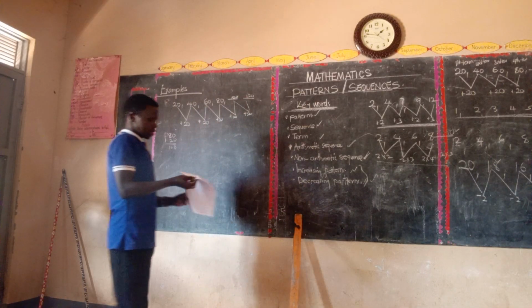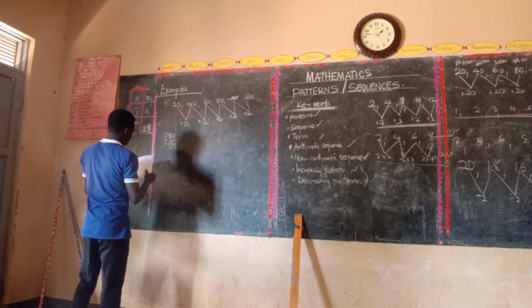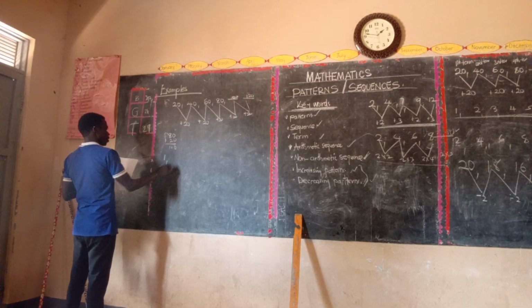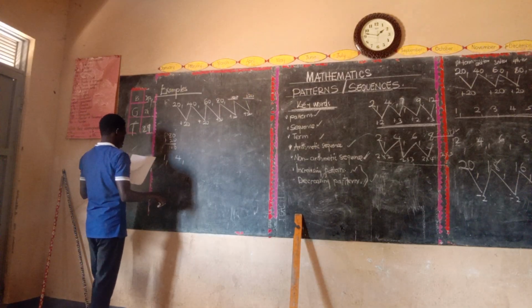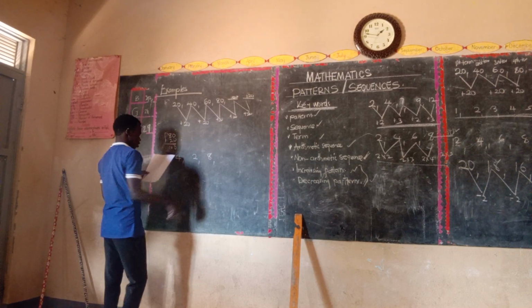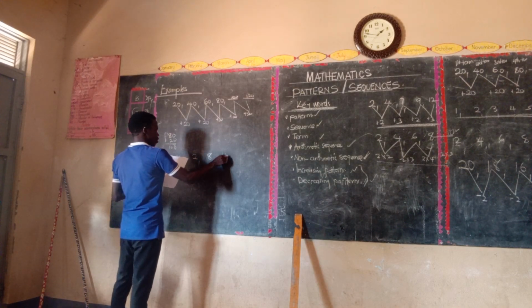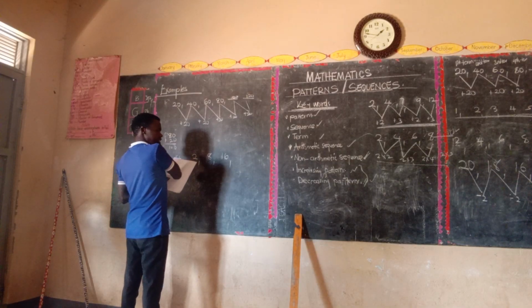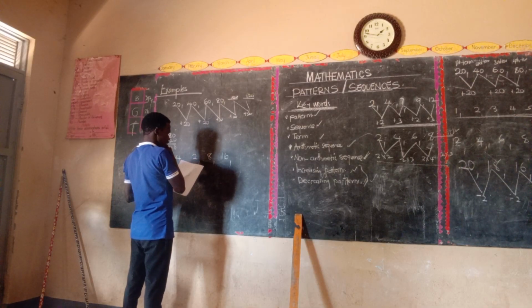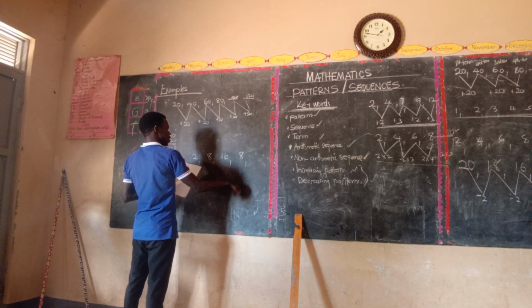Let's try this. We have 1, we have 4, then we have 2, then we have 8, then we have 16. After 16, we have 8 again.